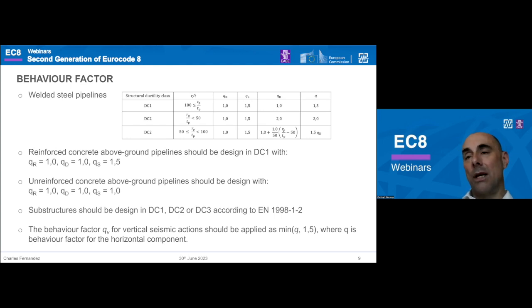So this is more or less the concept. We are not able to provide further behavior factors for alternative materials. This is out of the scope. We are not able to provide them because design codes for the other materials are not existing within the Eurocode concept.